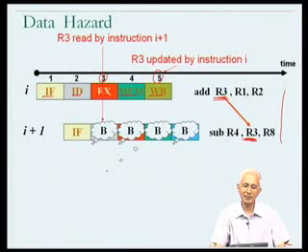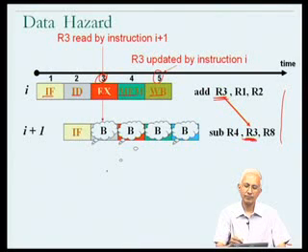Now the question that arises is, is it safe for instruction I plus 1, the subtract instruction, to read its operand in cycle 4? So by pumping one bubble of air into the pipeline, in other words, by delaying instruction I plus 1 by one cycle, I have prevented it from reading the old value of register R3 in cycle number 3.